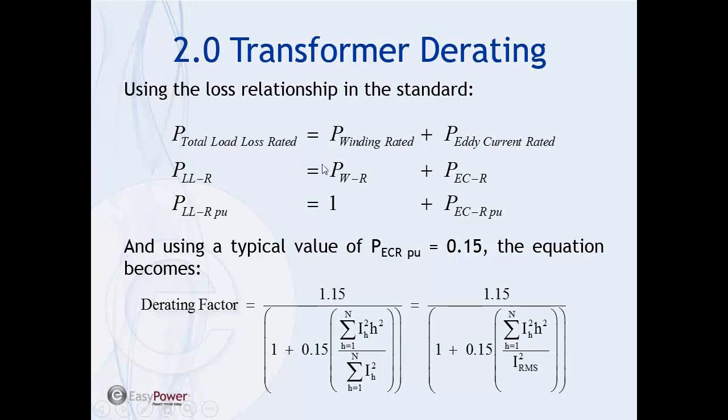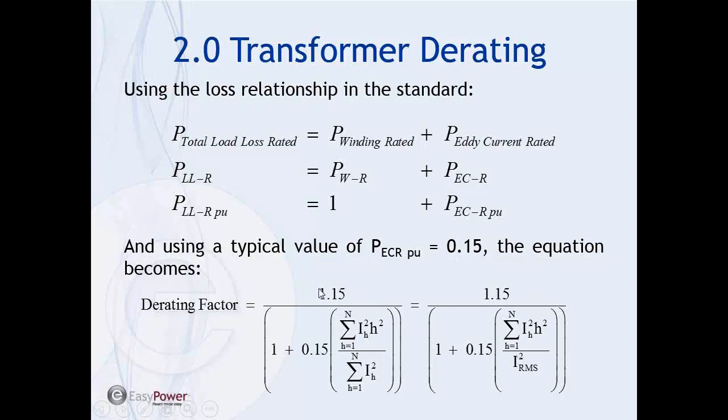In the standard, they per unitize the equation by the winding rated losses, so that's why this value is 1 here. Knowing that, and knowing that a typical value for the per unit form of the eddy current rated losses is about 15% on this per unitizing basis, the equation becomes this one here at the bottom.